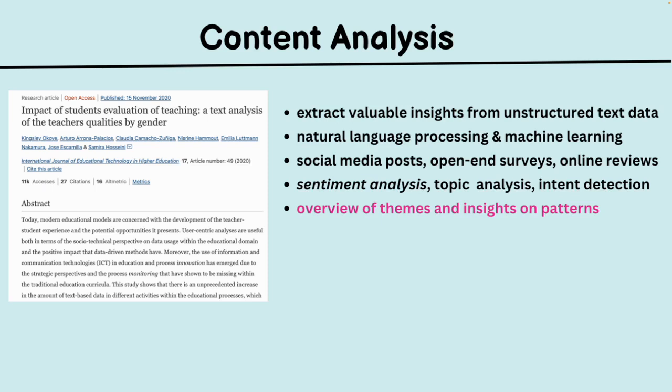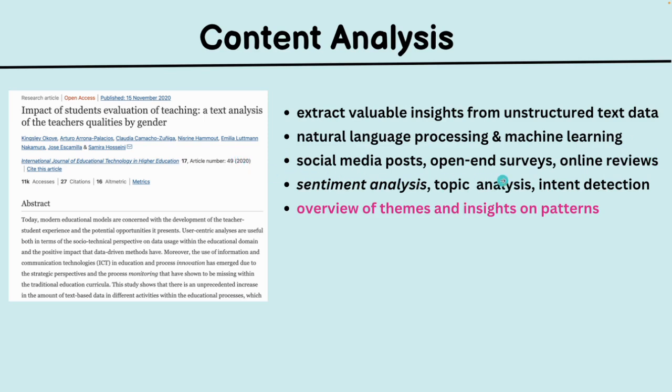But now we can use natural language processing, or NLP, and machine learning that allows us to analyze social media posts, open-ended surveys, online interviews, anywhere that people are providing textual responses.